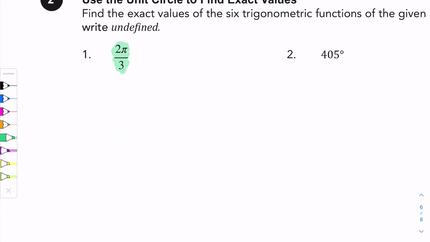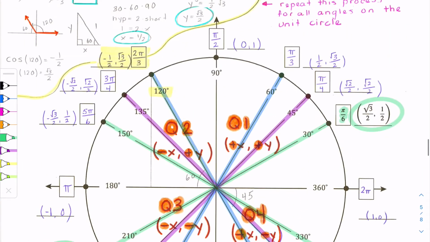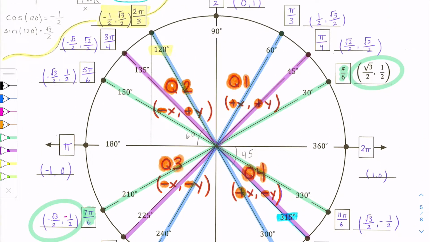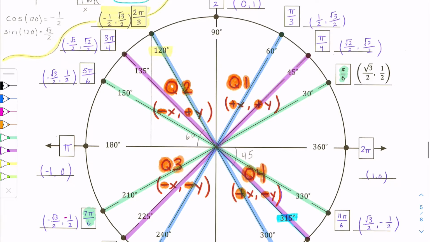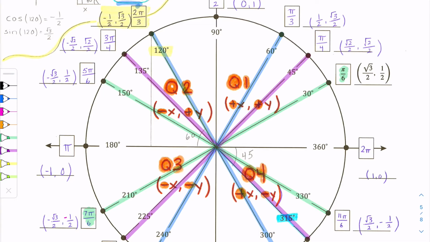So if we scroll up to the unit circle, and we locate where 2 pi over 3 is, we're going to see that 2 pi over 3 is located right here. So 2 pi over 3 corresponds with negative 1/2, comma, square root of 3 over 2.